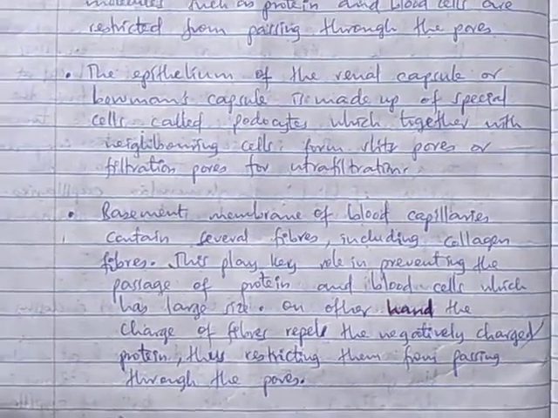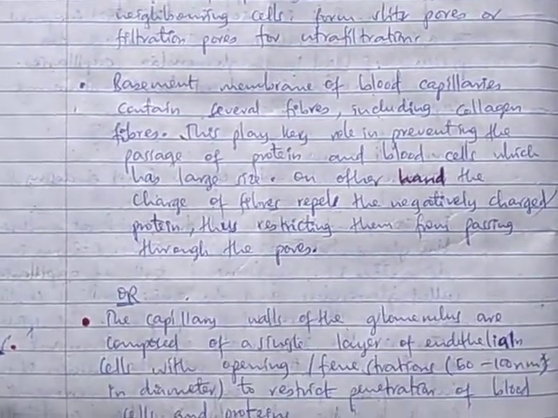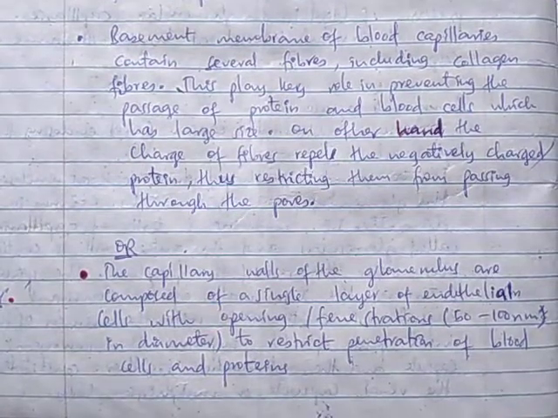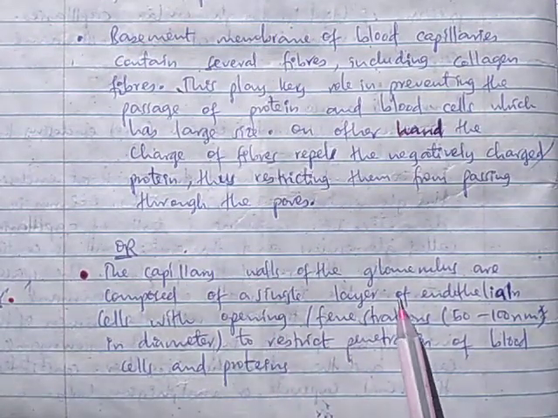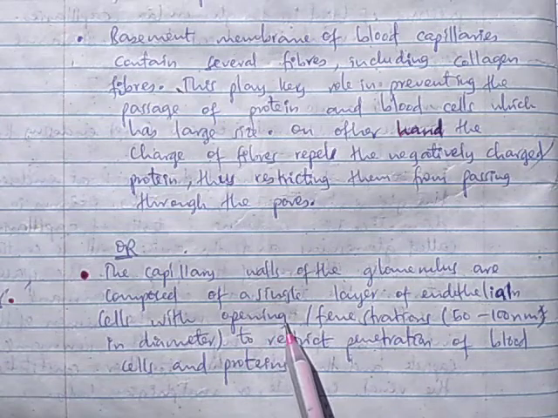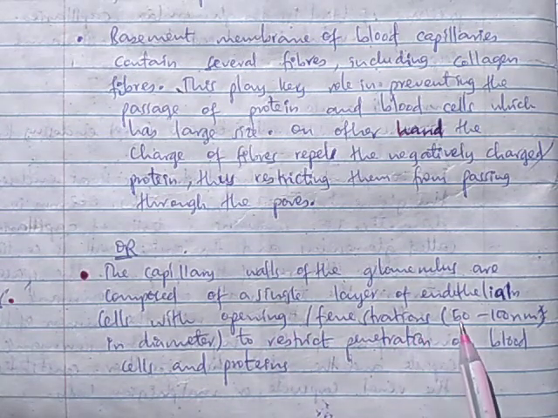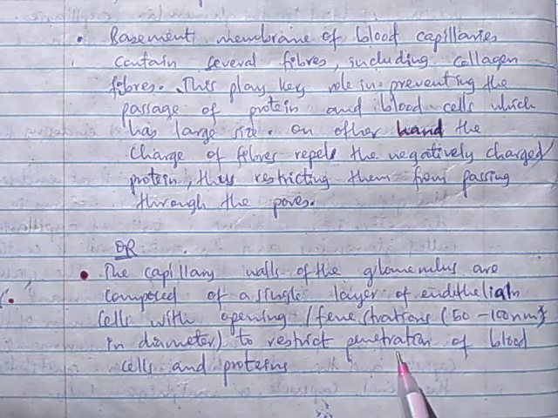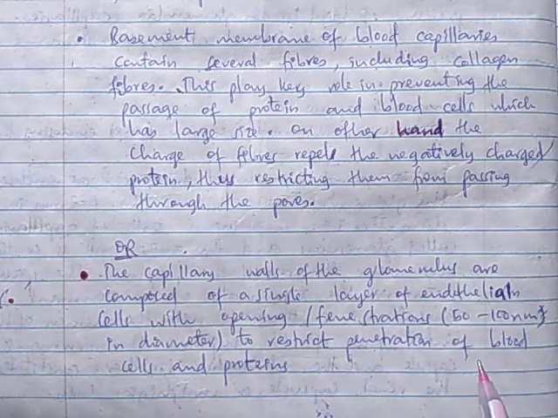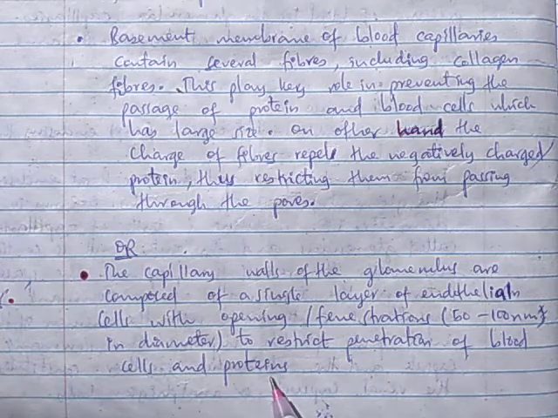So the capillary walls of glomerulus are composed of a single layer of epithelial cells with opening tunazita fenestrations 50 to 100 micrometer of diameter to restrict penetration of blood cell and proteins.